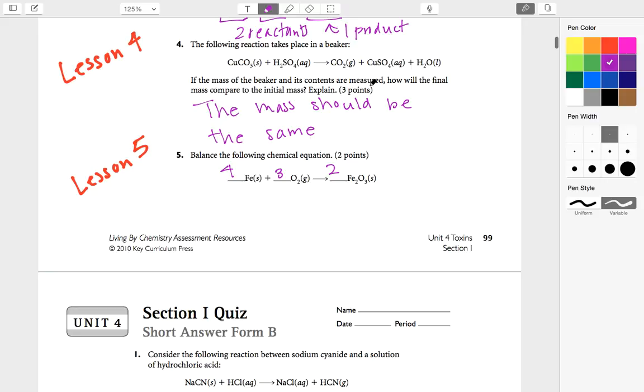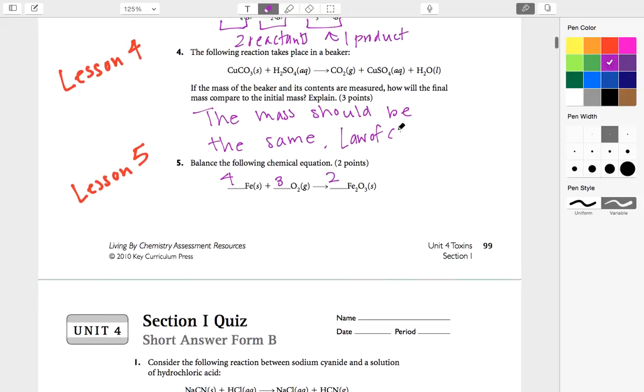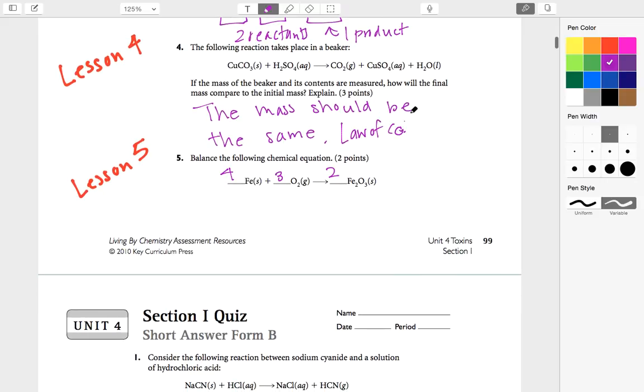But essentially, you should know that the mass should be the same, and this is because of the law of conservation of mass. Right? So anything that it weighs before, it's the same weight after. We did a whole lab on it.